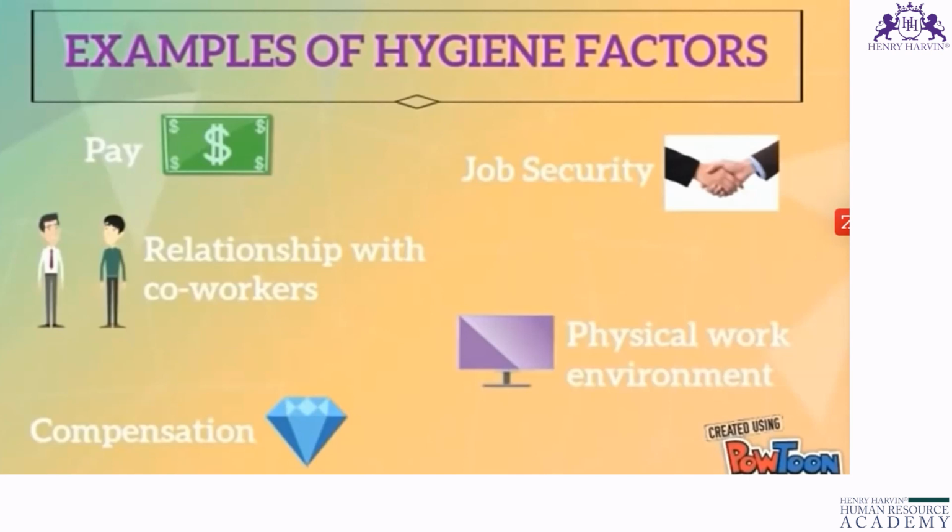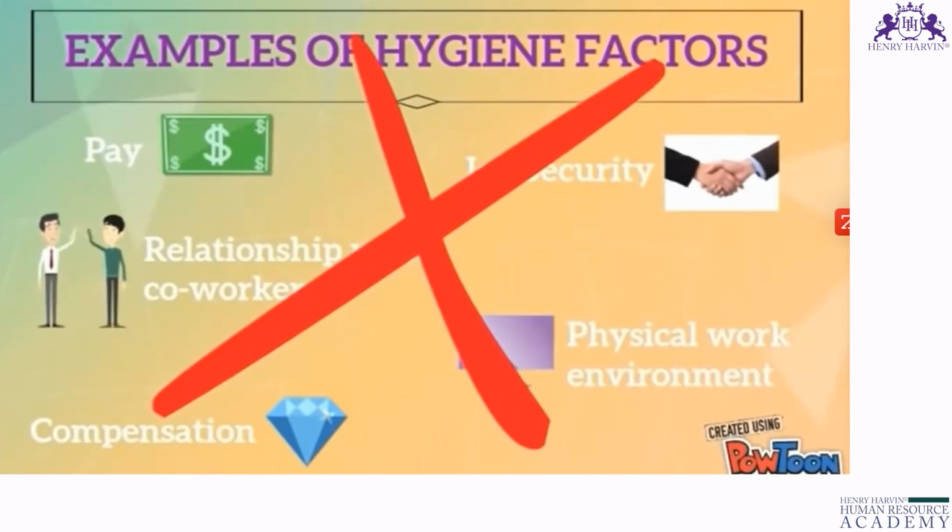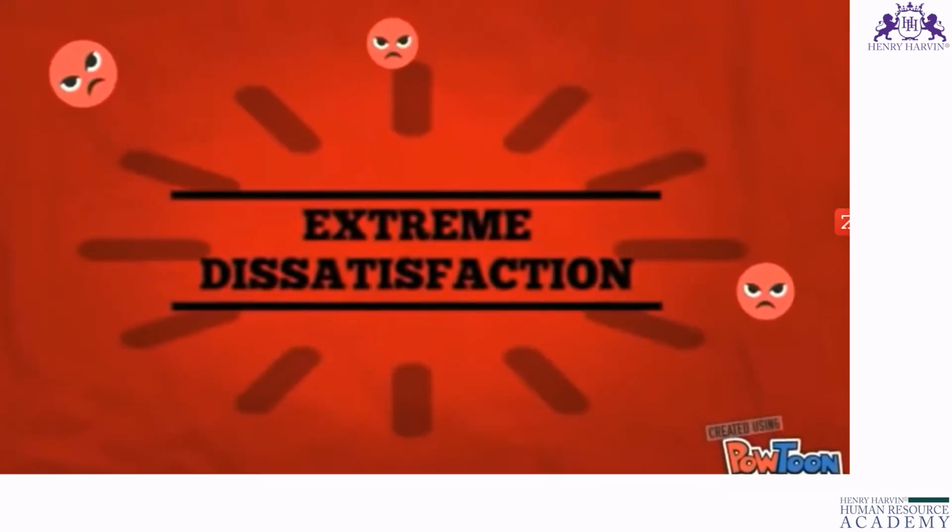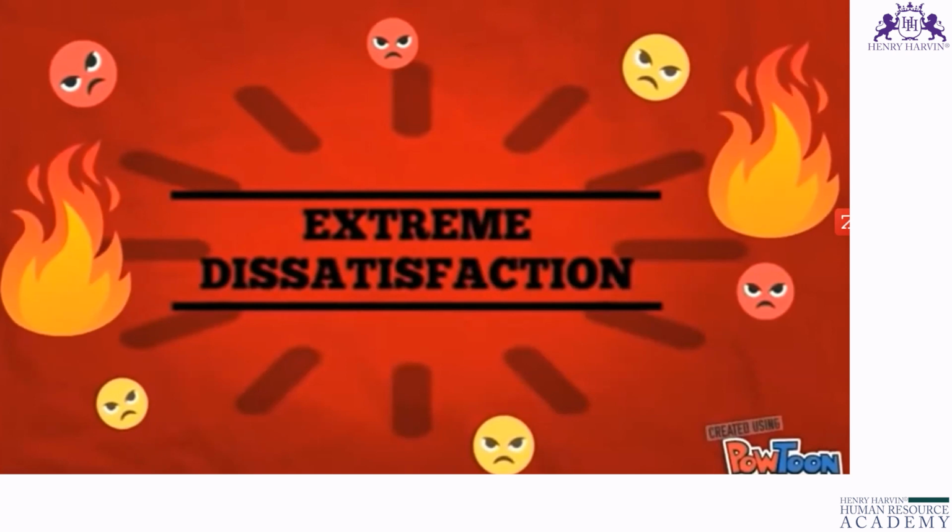For physical work environment, it is the facilities provided in the workplace, like a pantry, or office equipment in excellent condition. And compensation is like bonus, incentive, and salary increment to compensate their hard work. If these are absent, it could lead to extreme dissatisfaction and demotivation.